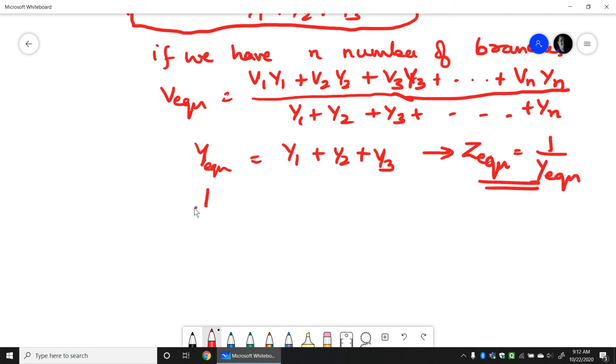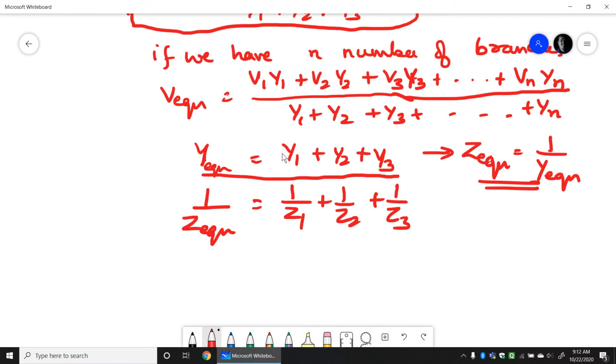Or else we can also say that 1 over Z equivalent equals 1 over Z1 plus 1 over Z2 plus 1 over Z3. It is always better to use the formula where you add all the admittances and then take the reciprocal of the admittance to get the impedance. This is Millman's theorem, statement and proof. Statement means the definition of Millman's theorem, and then the proof. I hope you understood this.